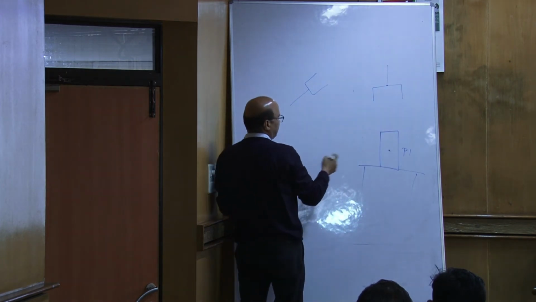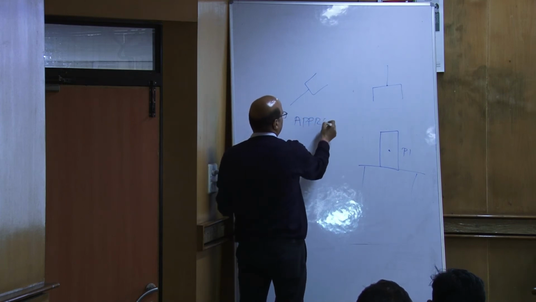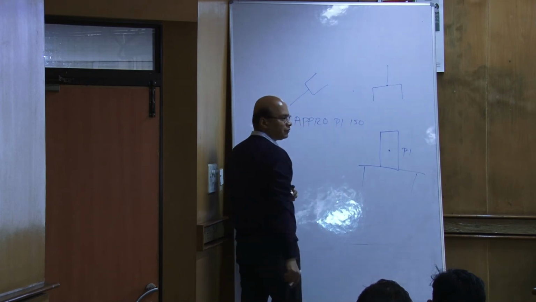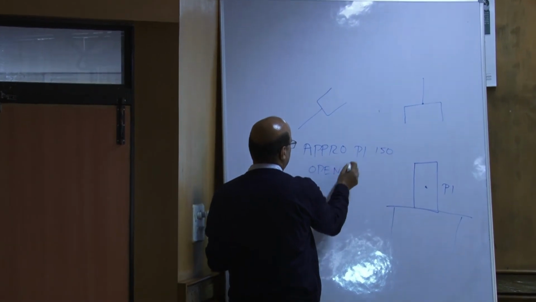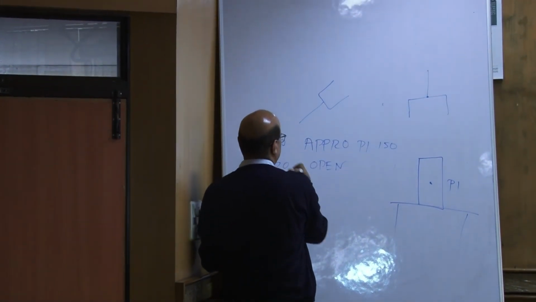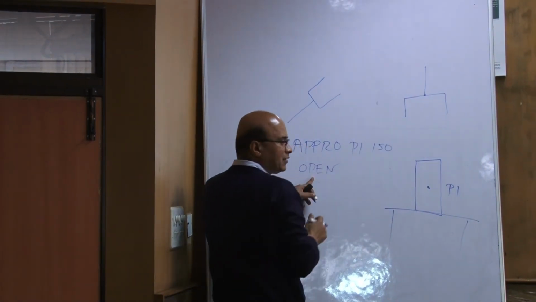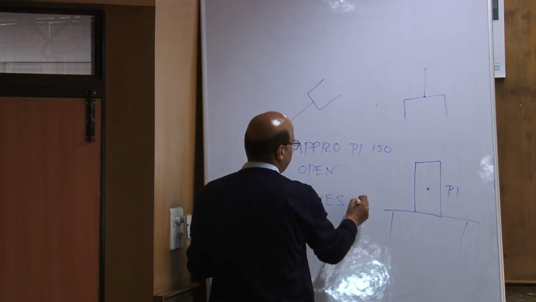So we say that the point P1, so first we say approach P1 and keep 150 distance. So it is standing there now. Okay. Then I say open. So line number 10, line number 20. So it is opening. Then I say moves P1.